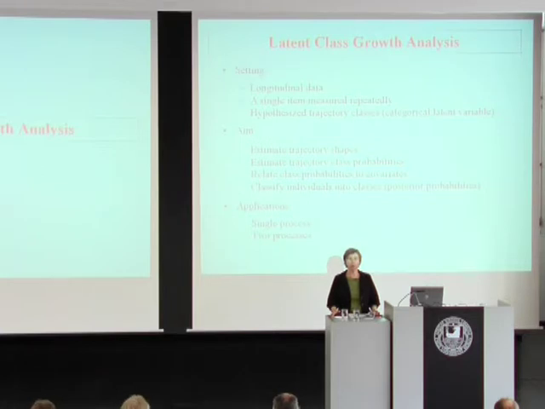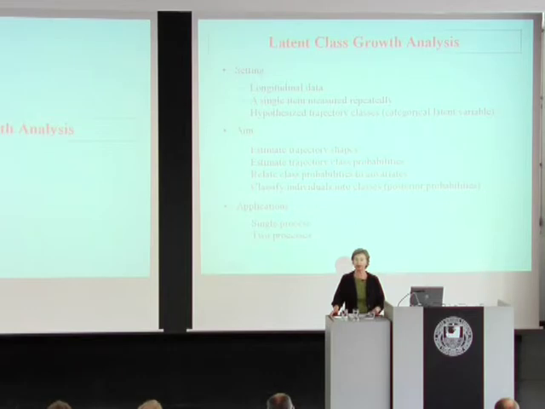Our goals are to estimate the trajectory shapes. So we want to do a series of analyses where we see how many classes look correct. This can be based a lot on theory in this situation. And we want to see what the class probabilities are, so how many people have each of those different shapes.